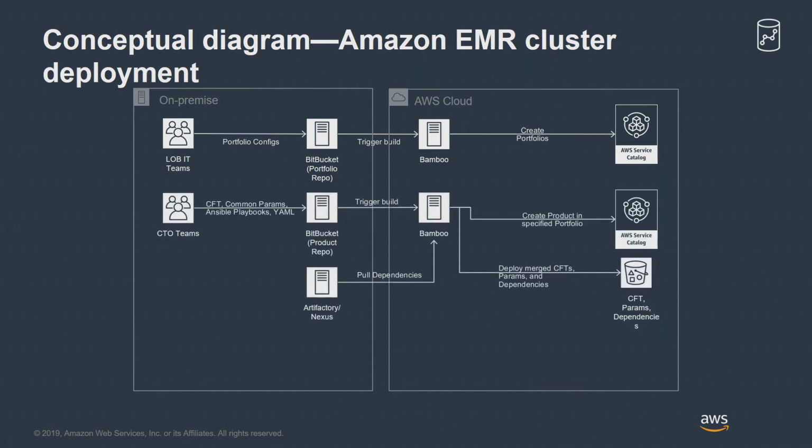As I was saying a few minutes ago, a portfolio is nothing else than a group of CloudFormation templates, a group of scripts that will define what kind of EMR clusters and the characteristics of it, and some parameters predefined or pre-authorized.